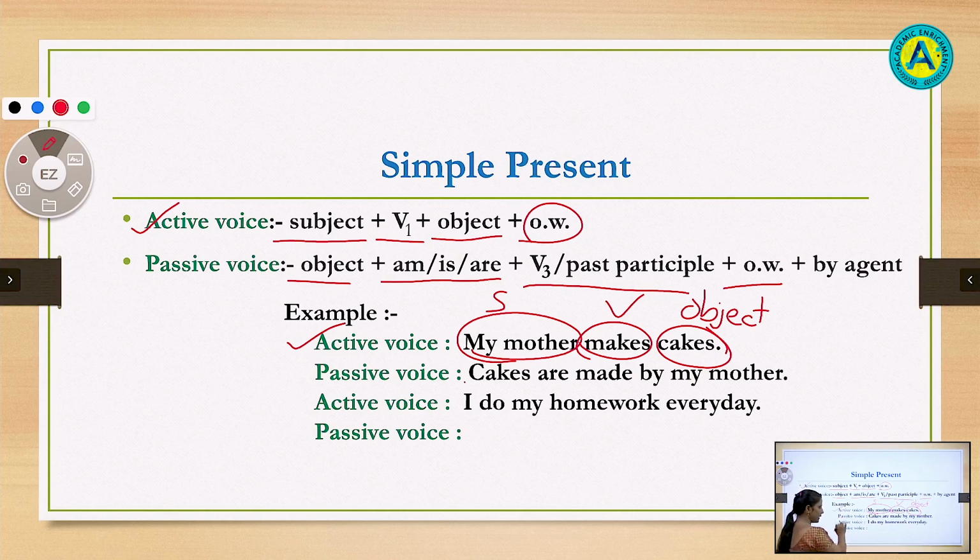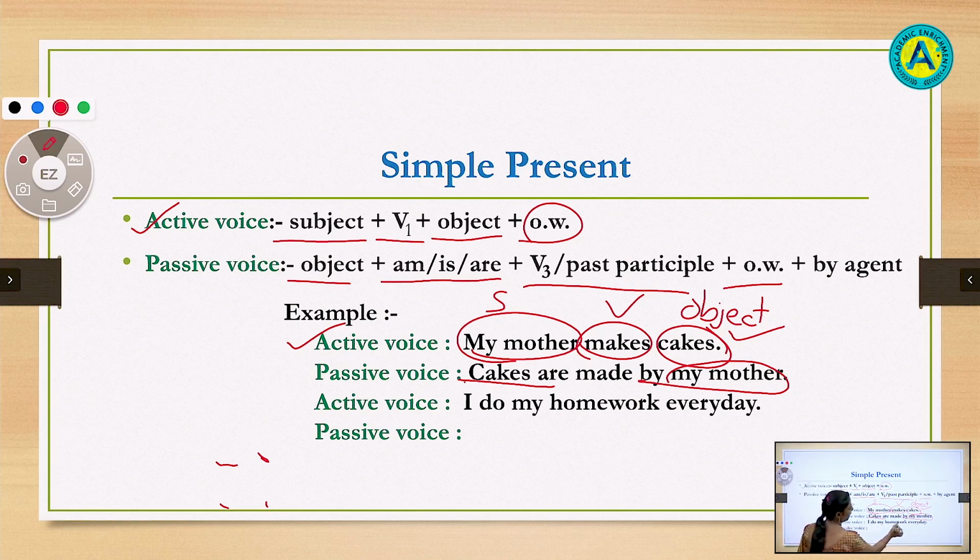So, what is the passive form of this sentence? Yes, we will use the object as subject in passive voice. Cakes are made by my mother. Here we use by agent because my mother is a definite noun.